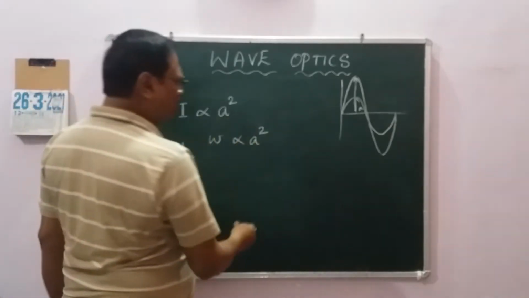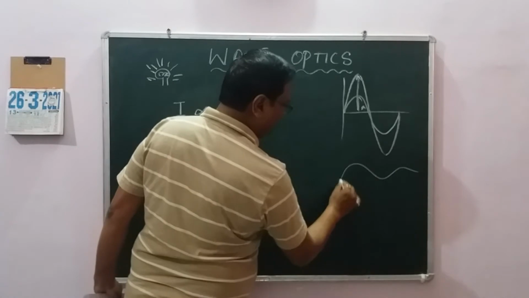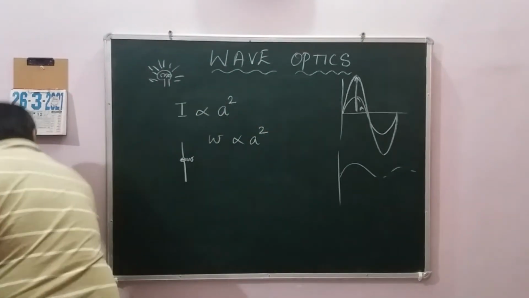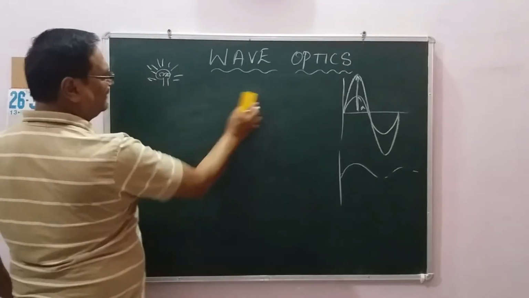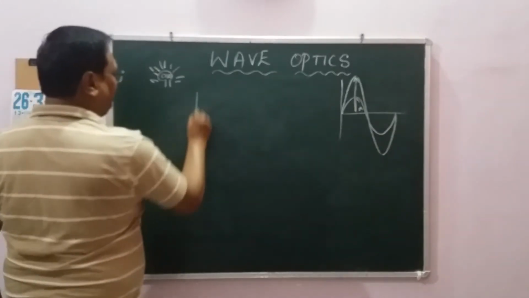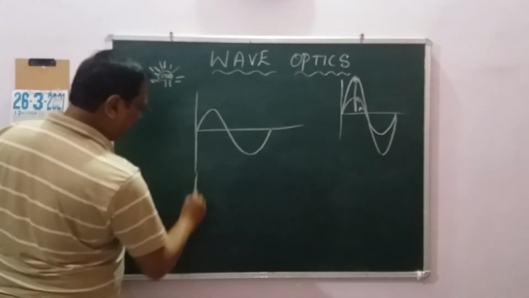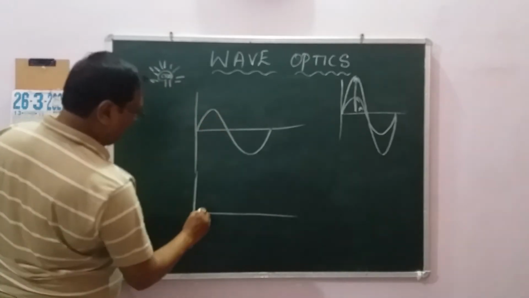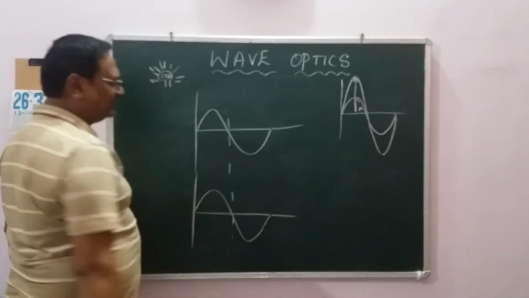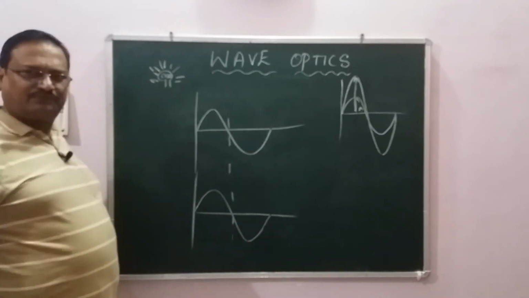Now, when we come to the next point, when two waves overlap with each other, this is constructive interference. Let me draw a little bit more precisely. I hope you understand this intensity concept. Now, let me take a wave. This is a wave. There is another wave which is coming. Let me draw the points. See, they both are identical. Now they interfere.